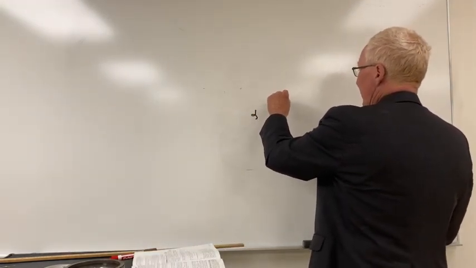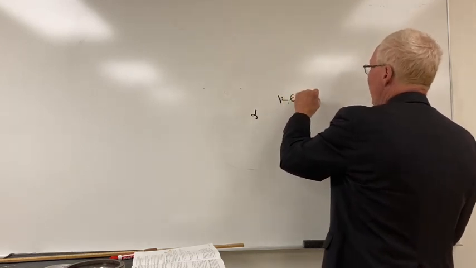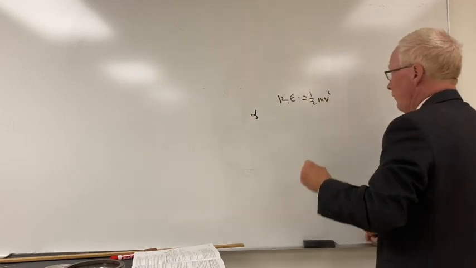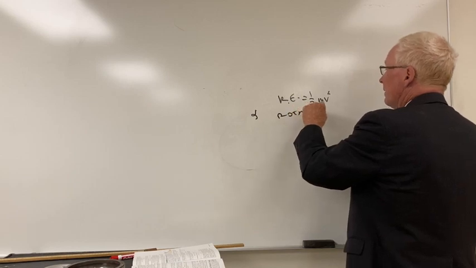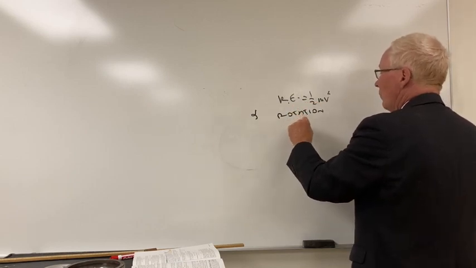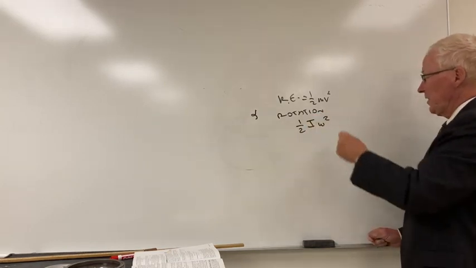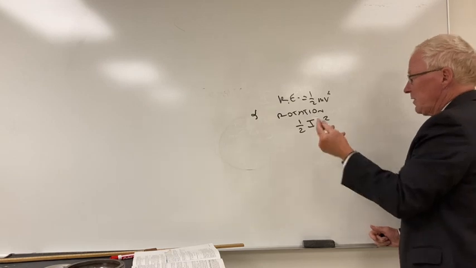Remember kinetic energy is given by 1/2 mv squared. If we have rotation, then it's given by 1/2 I omega squared. Notice that instead of m we have I, and instead of v we have omega. So same kind of concept.